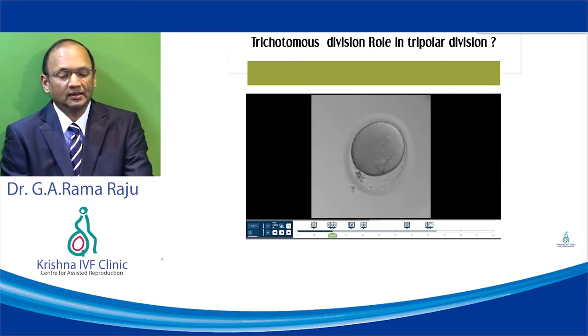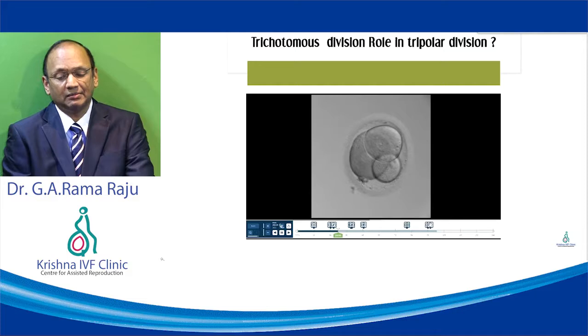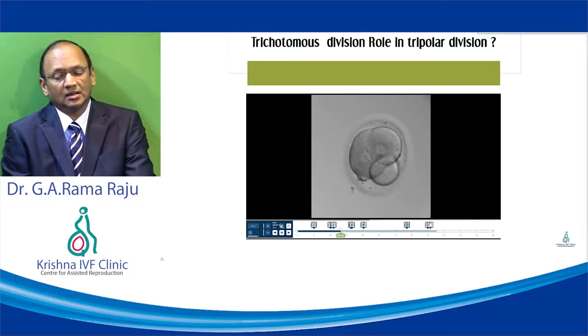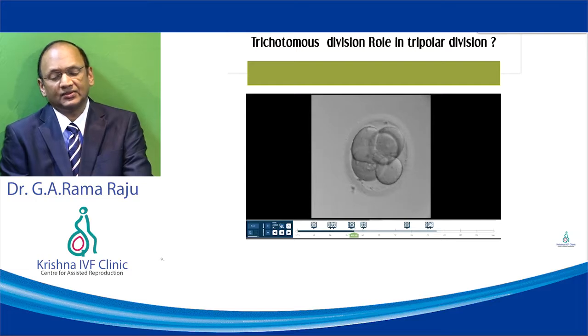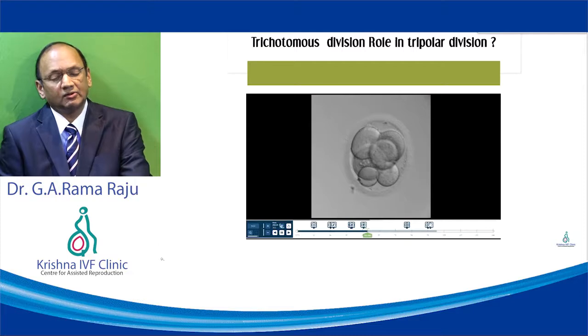Disappearance of the 2PN, then you see 2 cells, then you see an extra third cell that is coming in, and it's not a vacuole because of the size of the cell. And that cell remains at the same position throughout the cell division. And any embryo which has a tripolar division has a lower implantation potential.